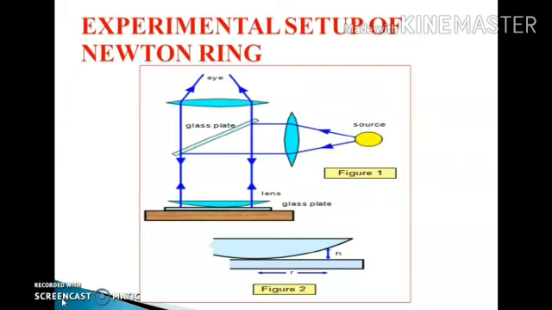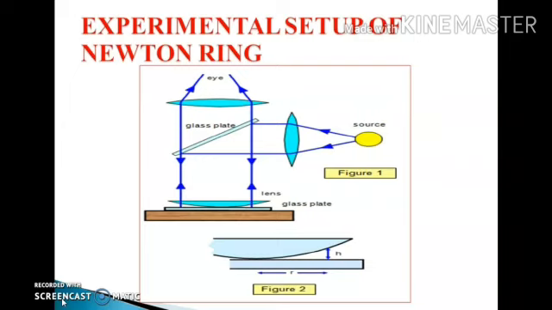After falling on the glass plate, the beam will go towards the combination of plano-convex lens and the glass plate, and then we can observe the reflected waves by using a travelling microscope. In this way, we will obtain the Newton rings in the reflected system.